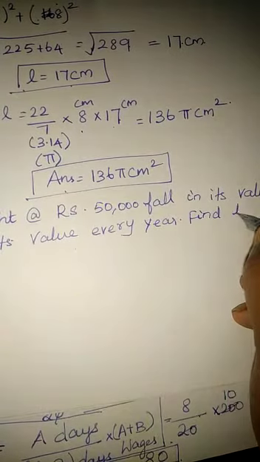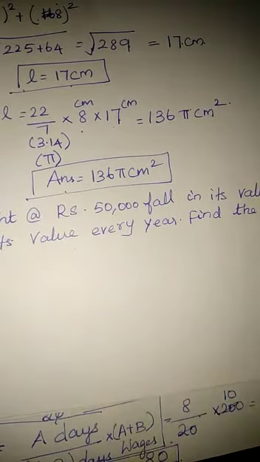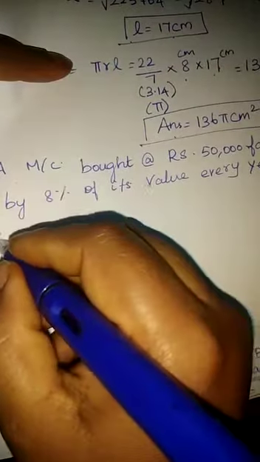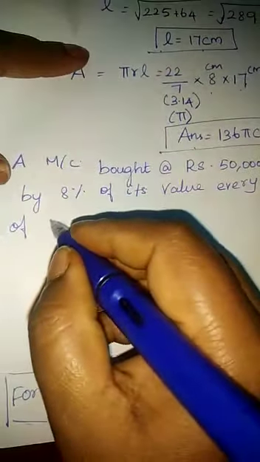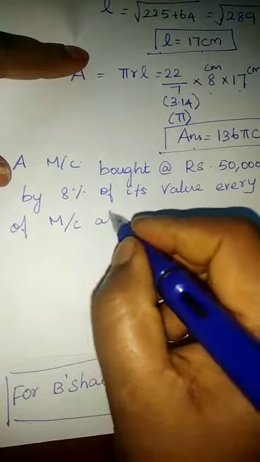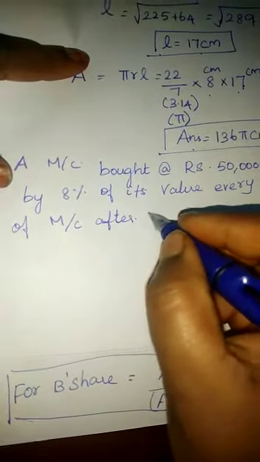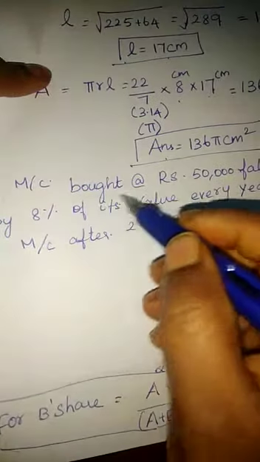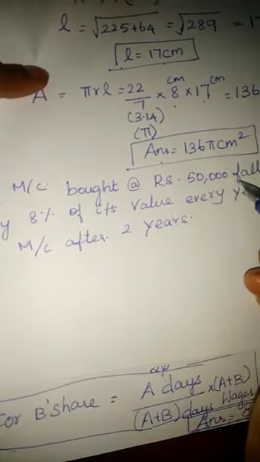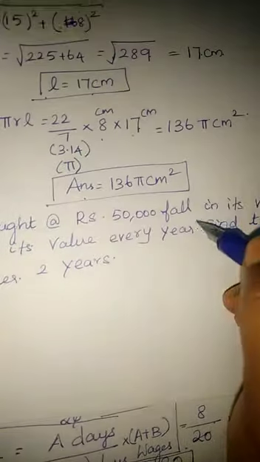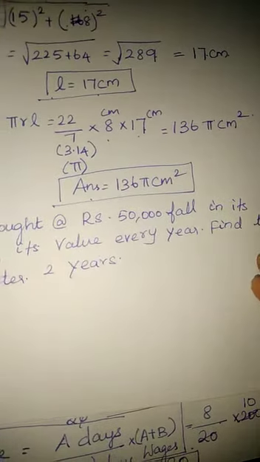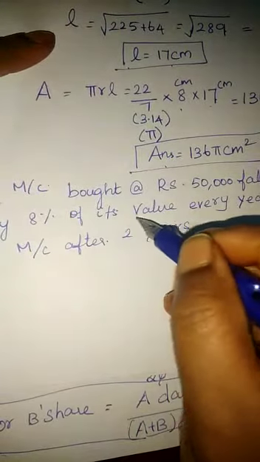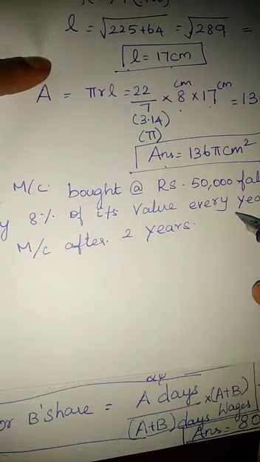Find the value of the machine after 2 years. Yeah, a machine was bought at rupees 50,000. Its value falls by 8% of its value every year.